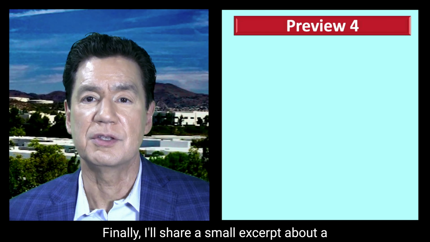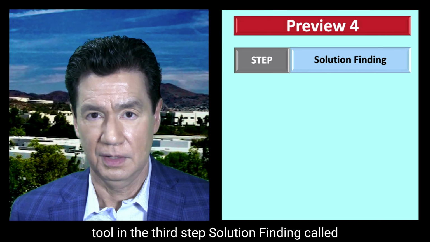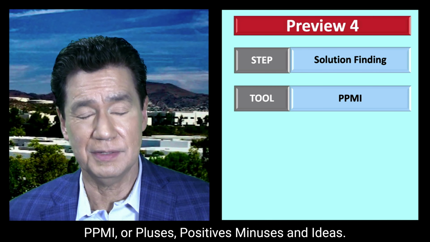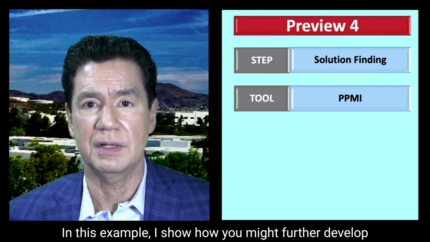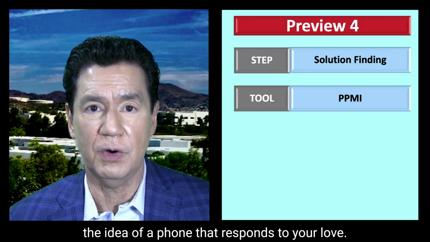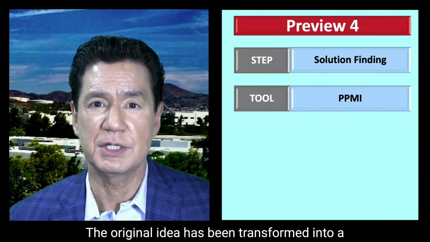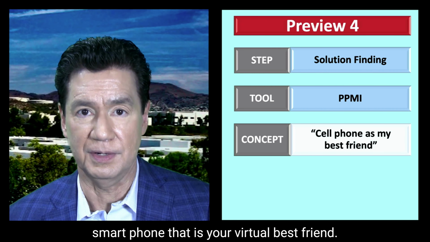Finally, I'll share a small excerpt about a tool in the third step, solution finding, called PPMI, or pluses, positives, minuses, and ideas. In this example, I show how you might further develop the idea of a phone that responds to your love. The original idea has been transformed into a smartphone that is your virtual best friend.